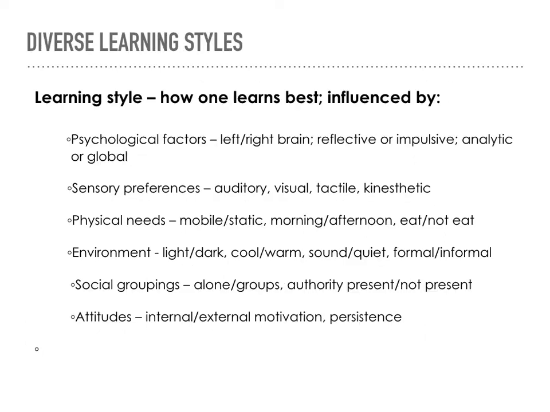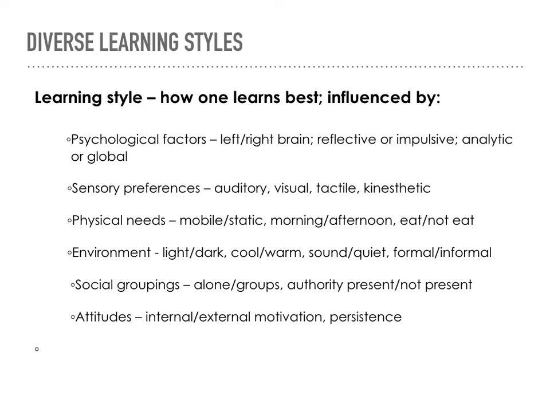Learning style, or how one learns best, is influenced by psychological factors such as left-right brain, reflective or impulsive, analytic or global, sensory preferences, auditory, visual, tactile, kinesthetic, physical needs. Are you mobile or are you static? Are you a morning person or an afternoon person? Do you eat or not eat when you're learning something?